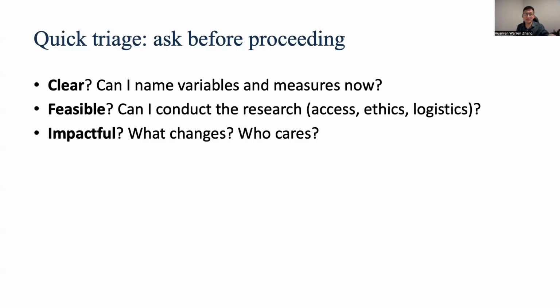The second question to ask is, can I conduct the research, in terms of access, ethics, and logistics? The last one, impactful: what changes can your research cause? Who would care about your research? These are things that you can ask before proceeding to the real research.